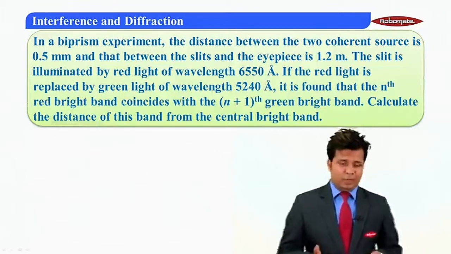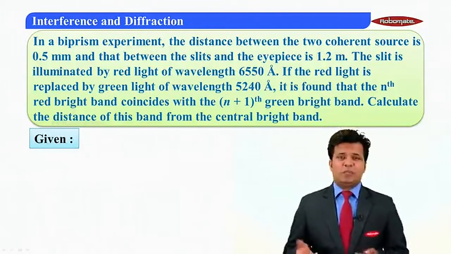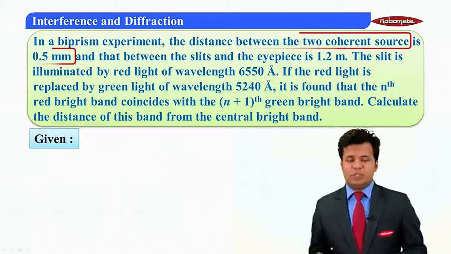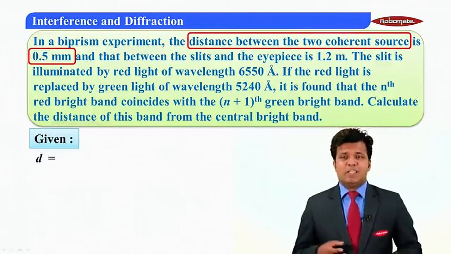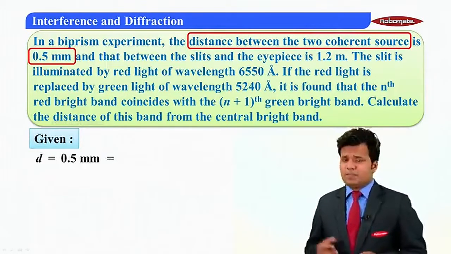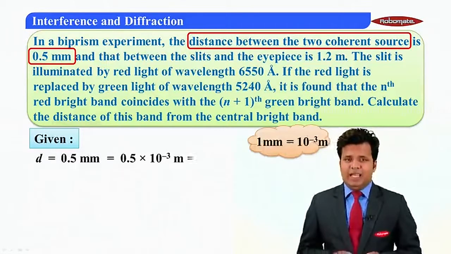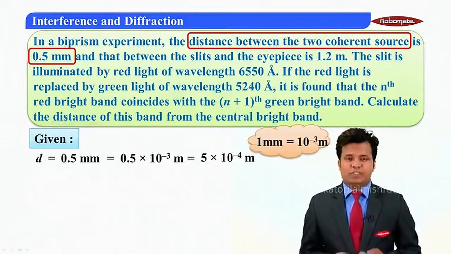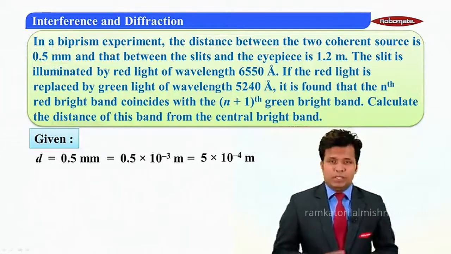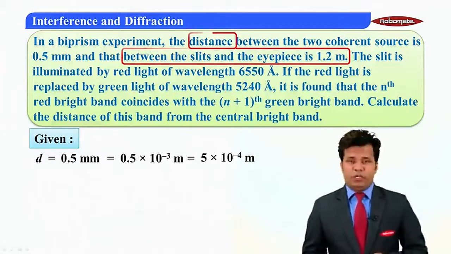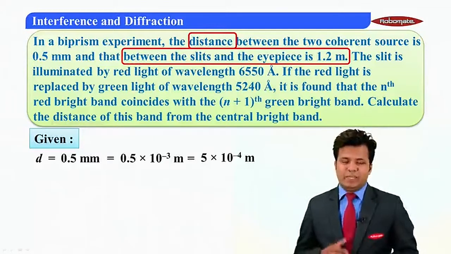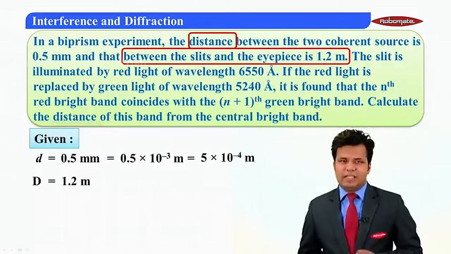You would first of all write down the given data, and the first one would be small d, that is the distance between two coherent sources, which is 0.5 mm, and mm could be written in terms of meter. This can be further simplified as 5 into 10 raised to minus 4 meter. The next data is the distance between source and the screen, that is slits and the eyepiece.